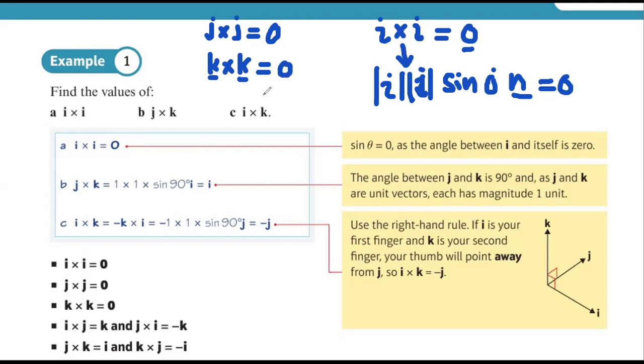But if we want to find the cross product of perpendicular vectors like I cross j, you have to use the right hand rule.